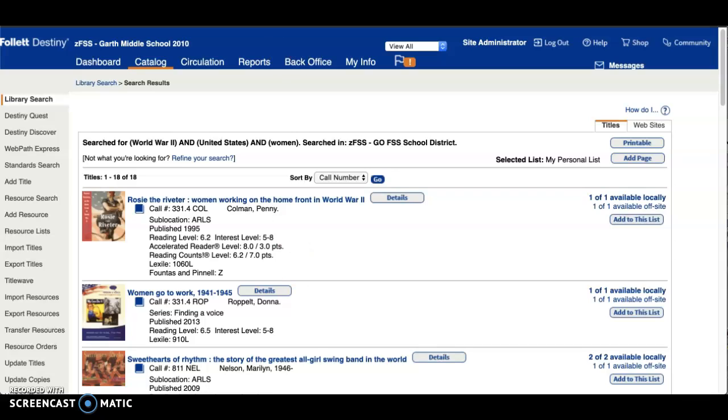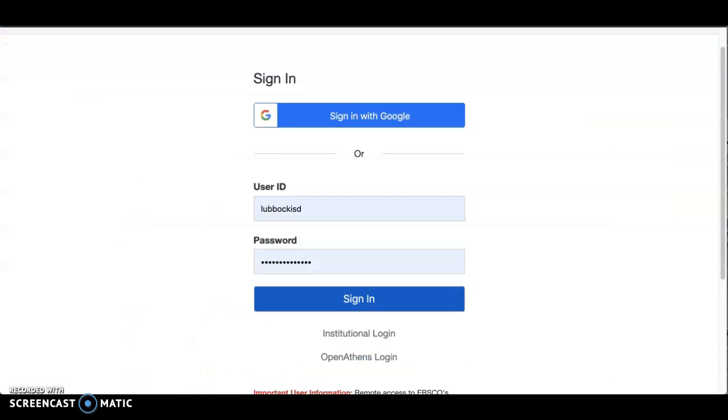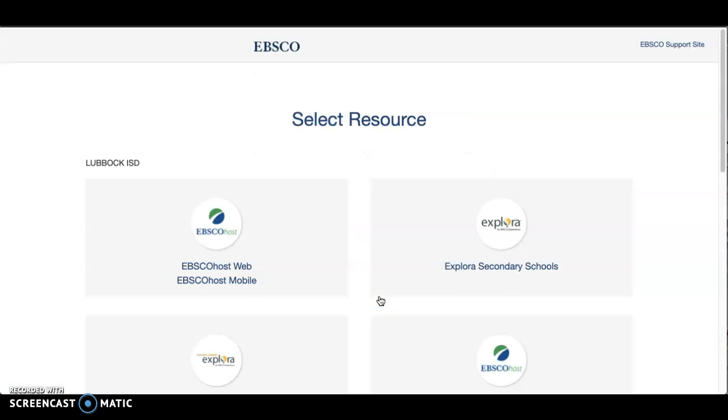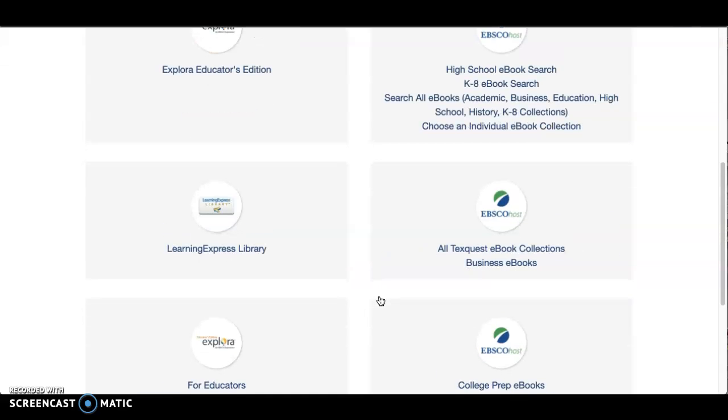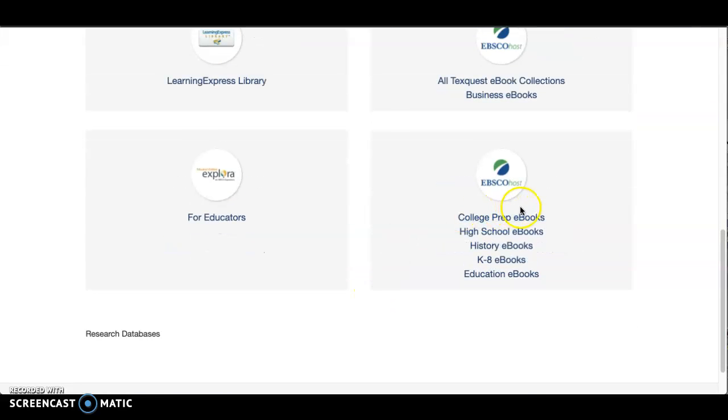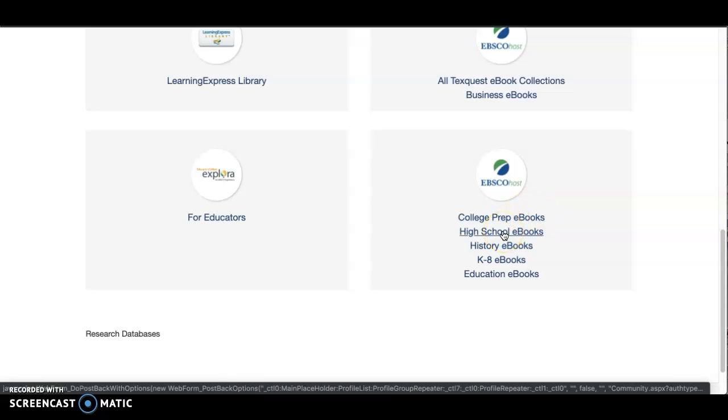Well, now we're going to go into the EBSCOhost, and you're going to log in with your Lubbock ISD account. And if you look here, there's different options. If you go down, it says right here, high school ebooks, and they have history ebooks. So let's go to history.